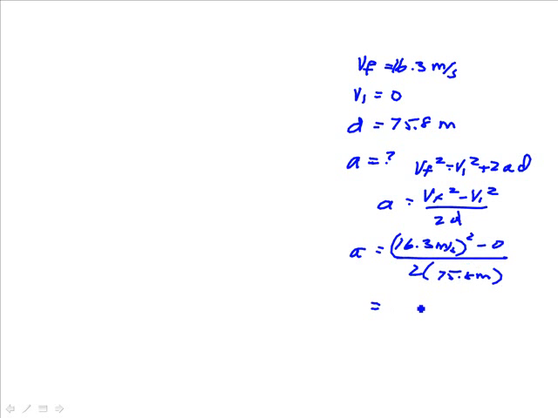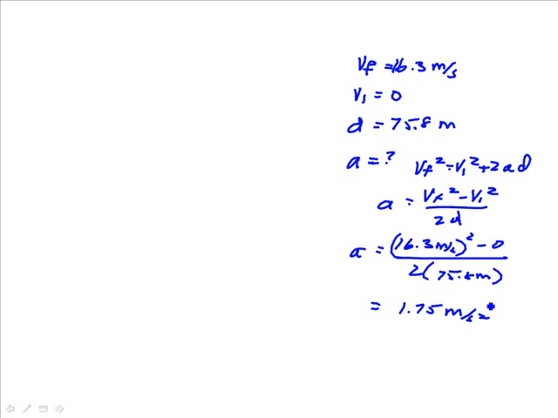What we get is 16.3 squared divided by 2 times 75.8, and we end up with 1.75 meters per second squared, which is the same as we got using the other method.